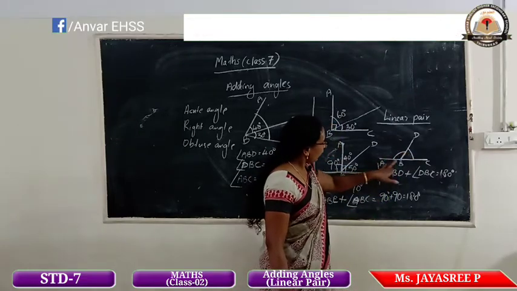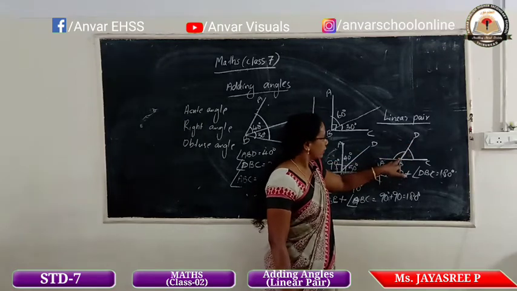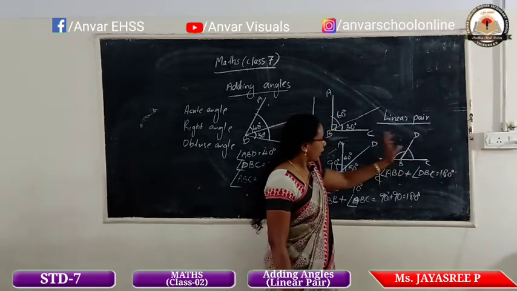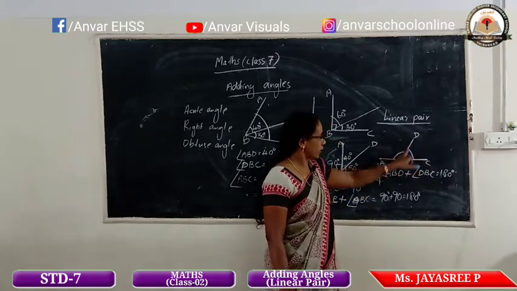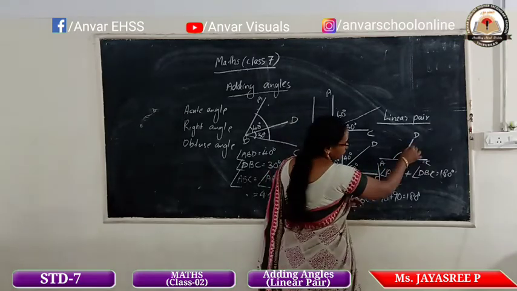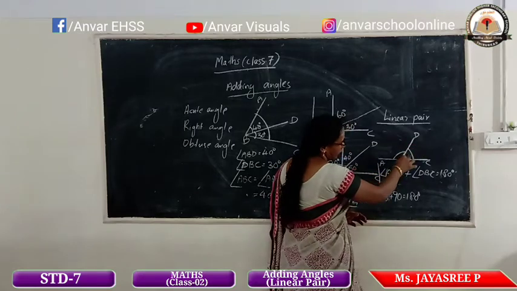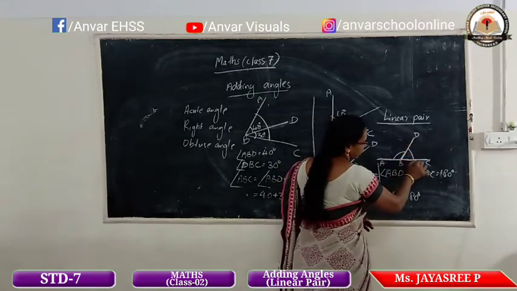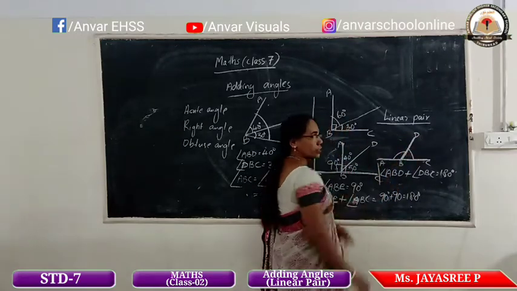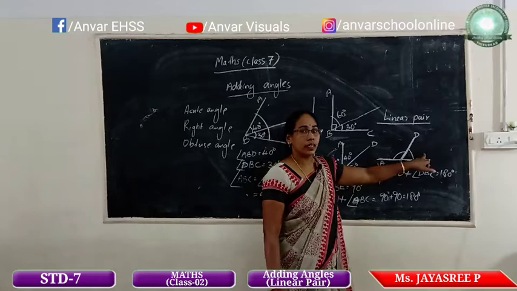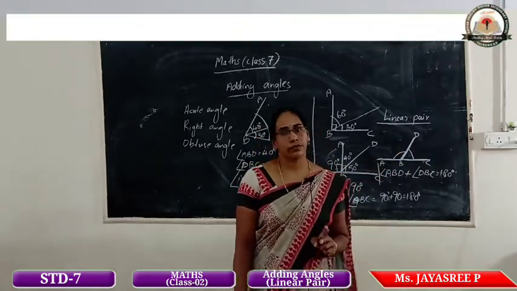That means in angle ABD, DB is the side to angle ABD and in angle DBC, DB is also a side to the angle DBC. So both these angles have a common side DB. So these two angles are known as linear pair. So the sum of linear pair is 180 degree.